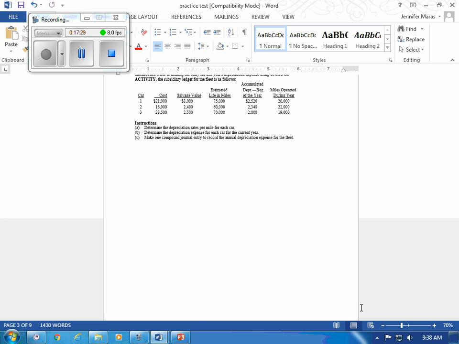Okay. Yeah. I'm not going to write them all out, but I'll just look at car 1 here, all the way down. So car 1, for A, they wanted us to determine the depreciation rates. So I did depreciable cost divided by miles.